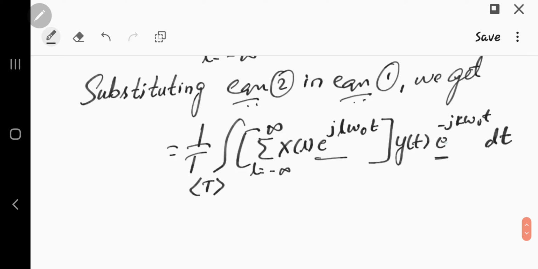These two have a common base, so we can combine them, and this x of L with respect to this integration will become a constant.